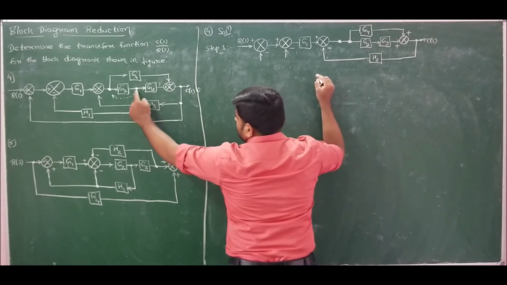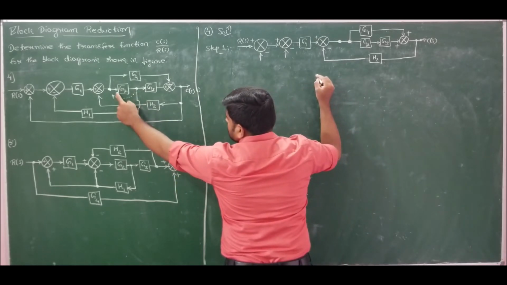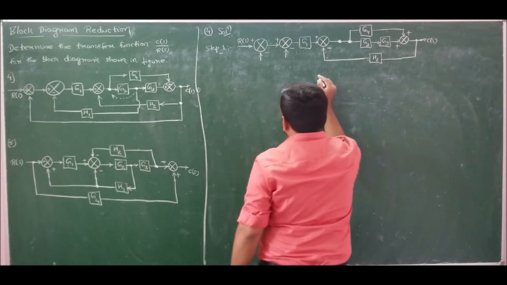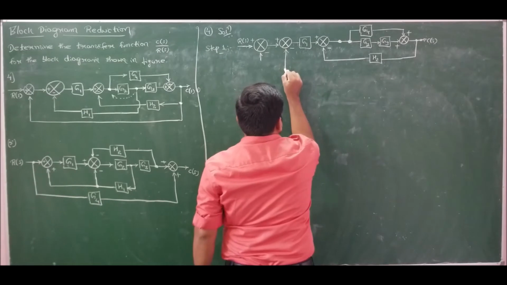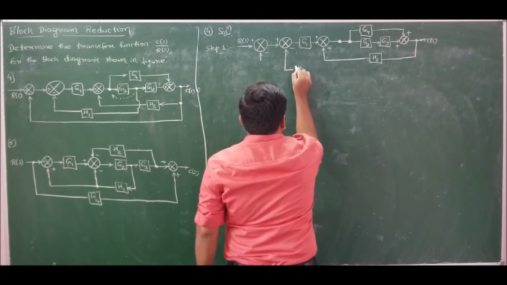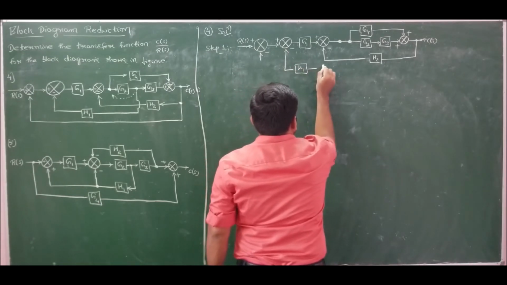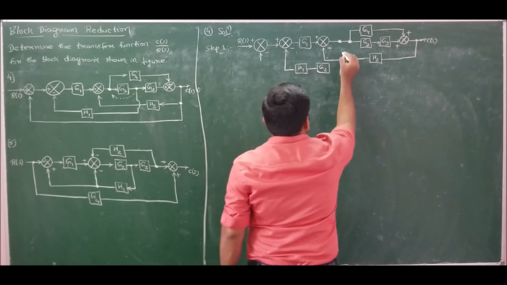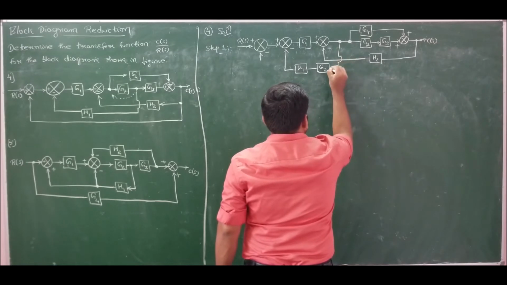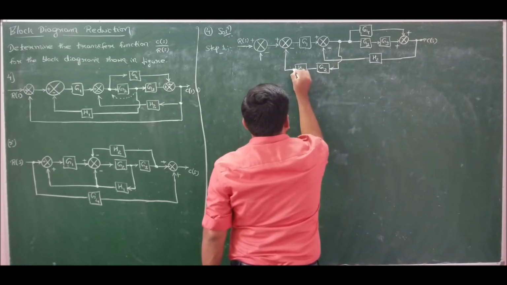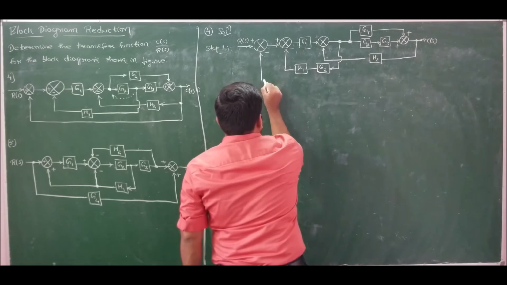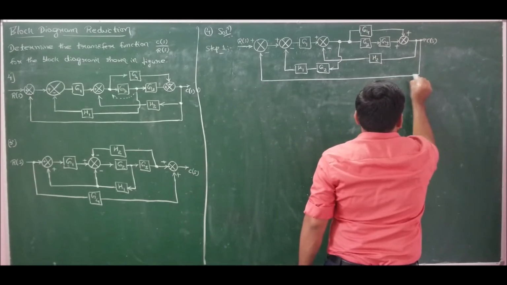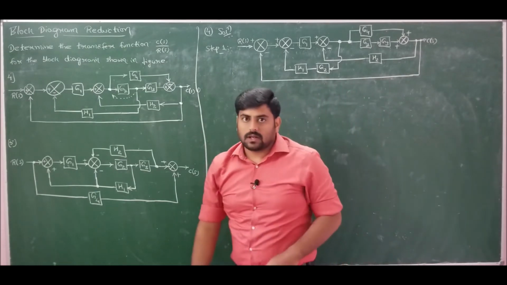Since we are shifting this takeoff point behind G2, G2 should be added to this line, correct? So it is H1 and G2 in that line. Now we have unity feedback, a final one. Done. So this is about step 1.